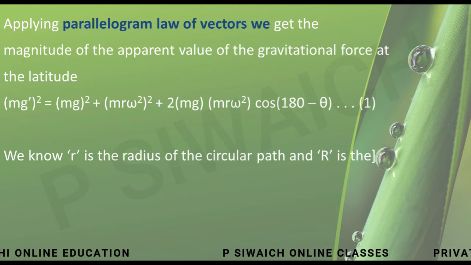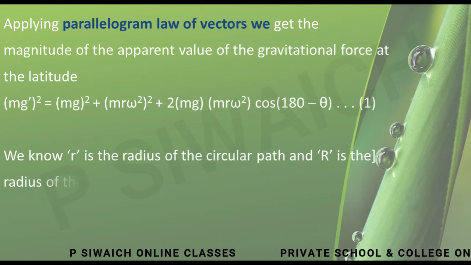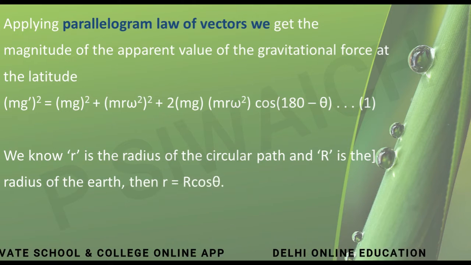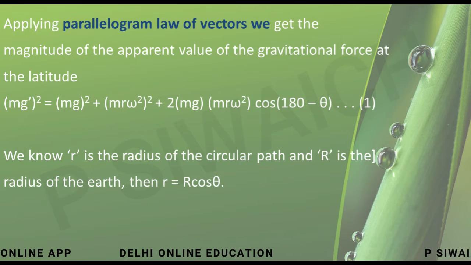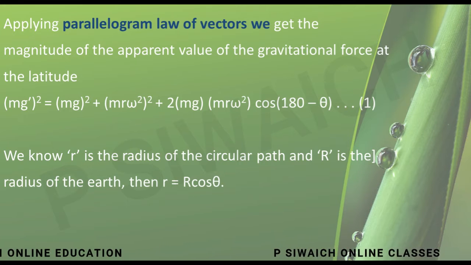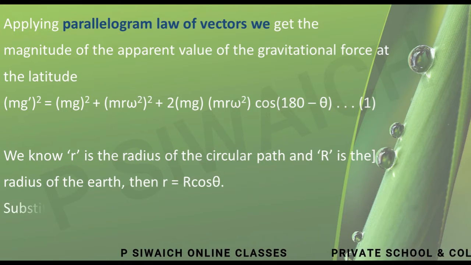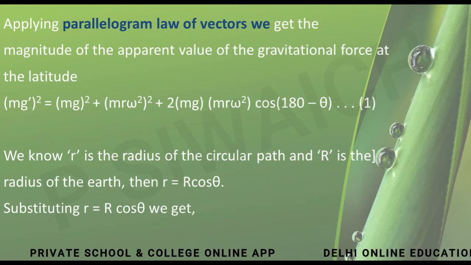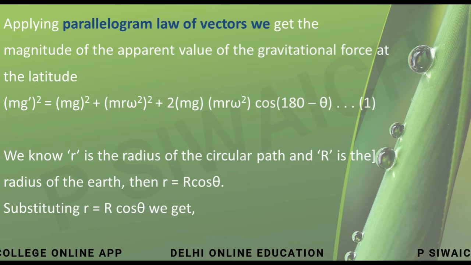That is equation 1. We know r is the radius of the circular path and R is the radius of the earth. Then r equals R cos θ.